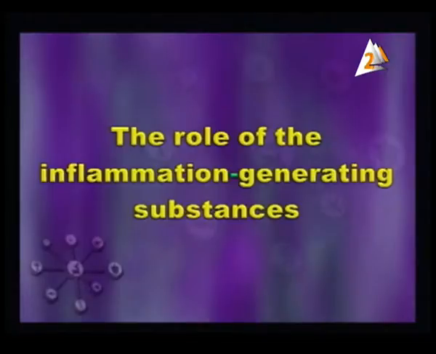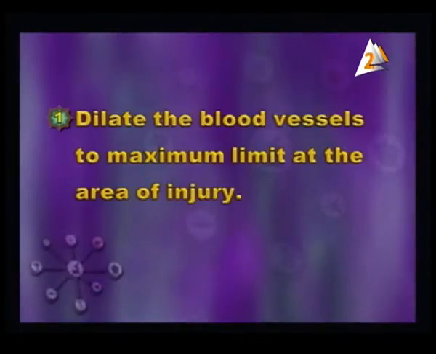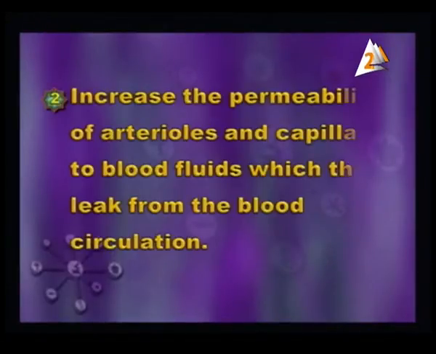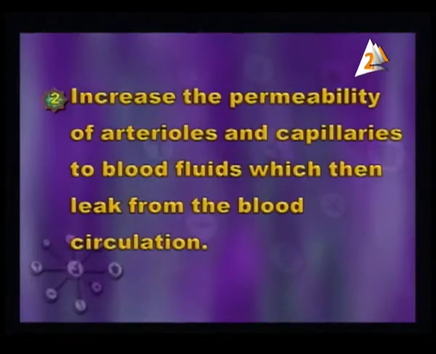The role of these substances is to dilate the blood vessels to the maximum limit at the area of injury. Their second role is to increase the permeability of arterioles and capillaries to blood fluid, which then leaks from the blood circulation.